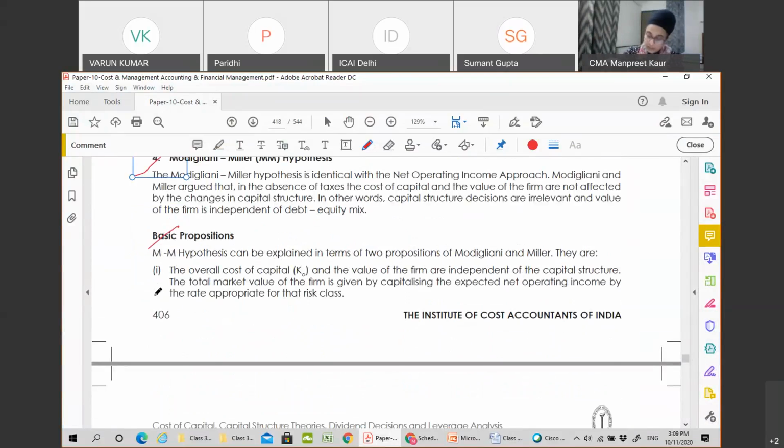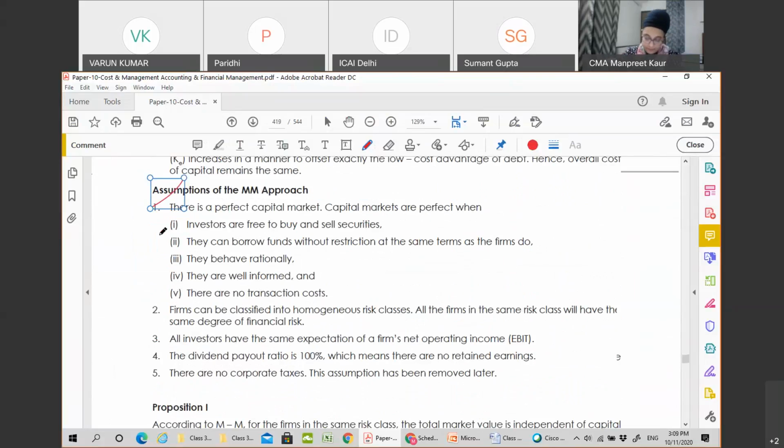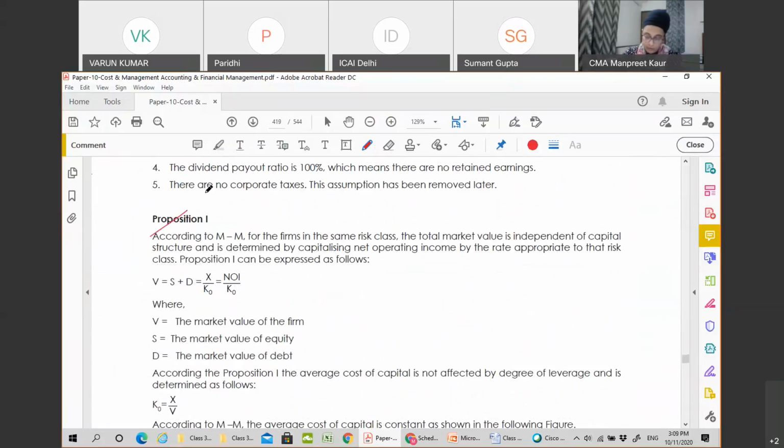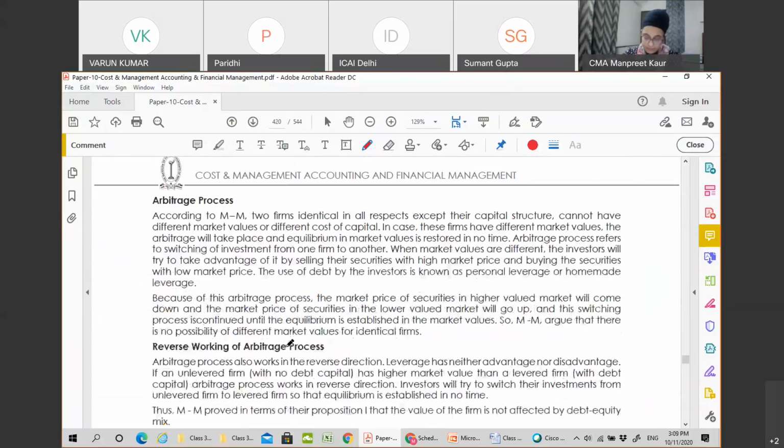Basic propositions, assumptions. Proposition 1, what does it say? This arbitrage process is in your homework that you will do on your own. It is very, very important.